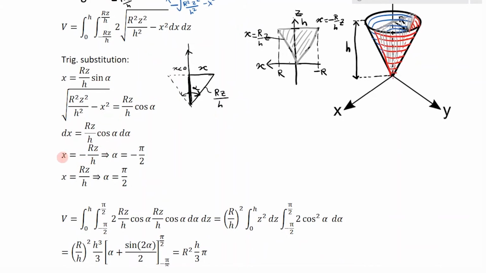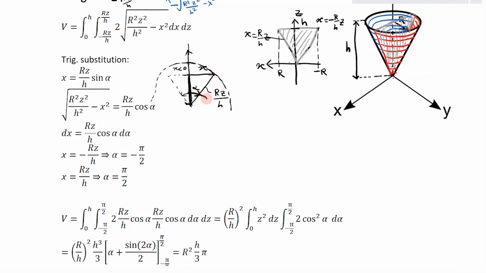Okay. Now the bounds on the integral are negative rz over h and rz over h. So negative rz over h happens when, what happens? When alpha increases, this side stays the same. So what we're describing is a circle like this.